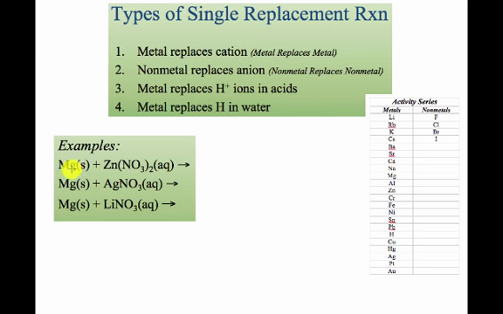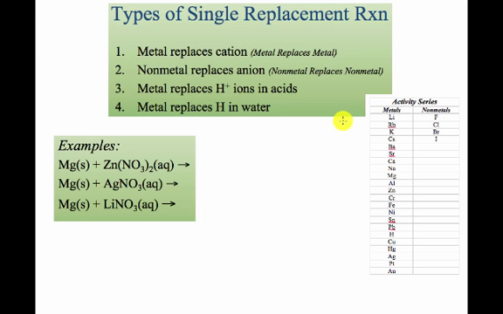That's how I know this is a single replacement reaction. Magnesium is a metal, so it's going to try to replace the cation, or the metal, in our ionic compound. Now how do I know if it's going to work? Well, I have to use something called the activity series. The activity series is what we use to figure out if single replacement reactions work.